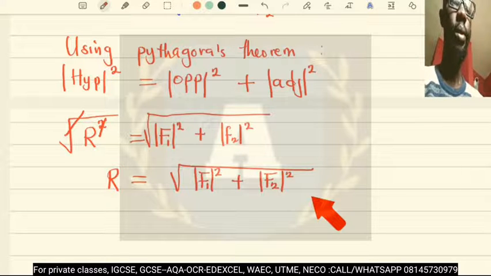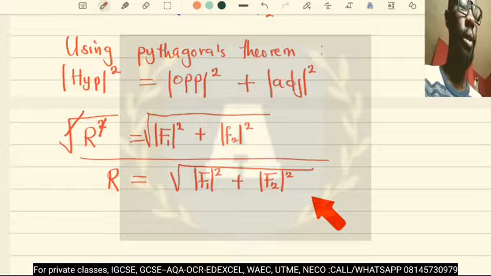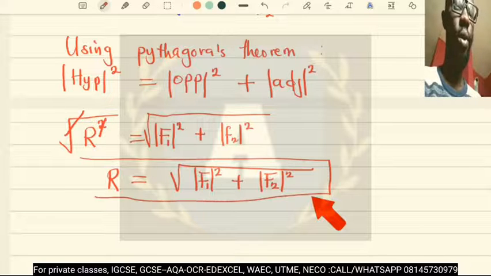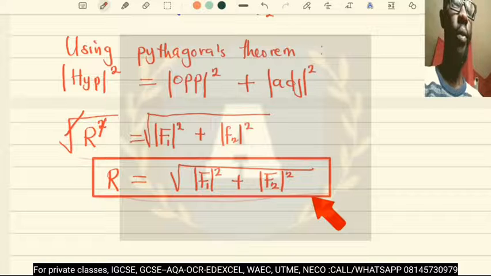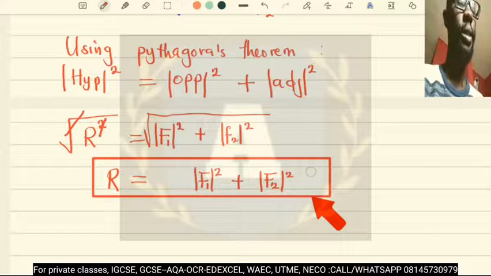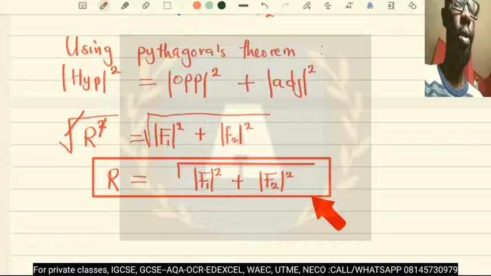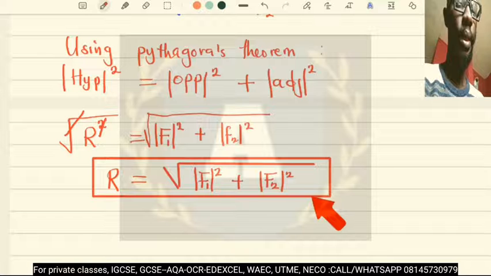So now that is the formula we're going to apply when the vectors are acting at an angle of 90 degrees.